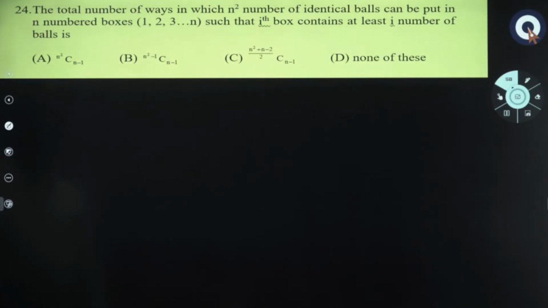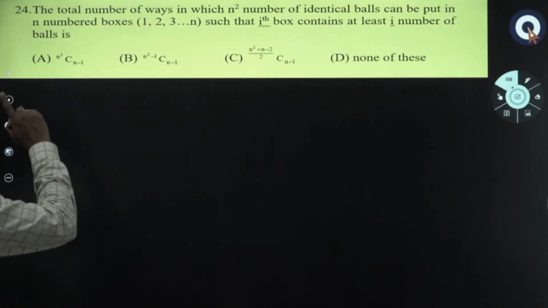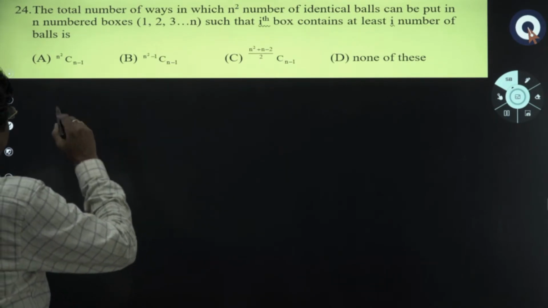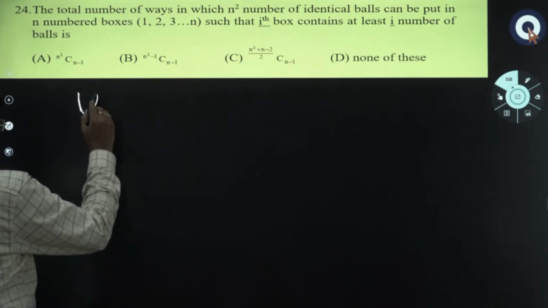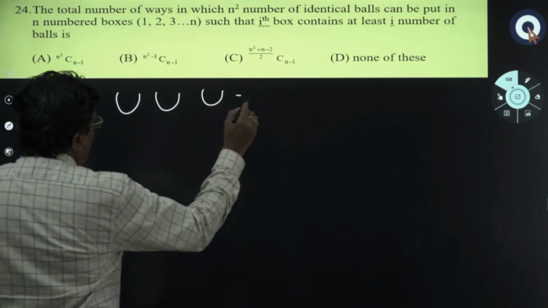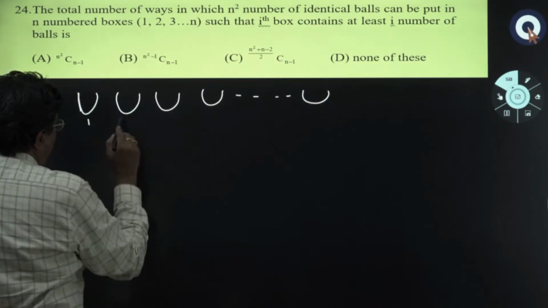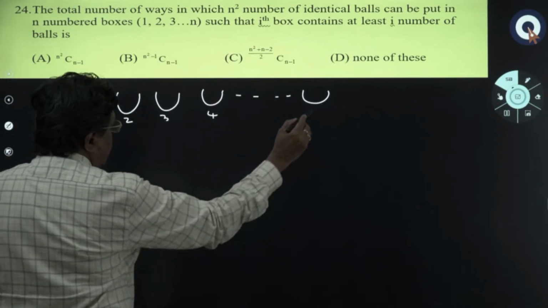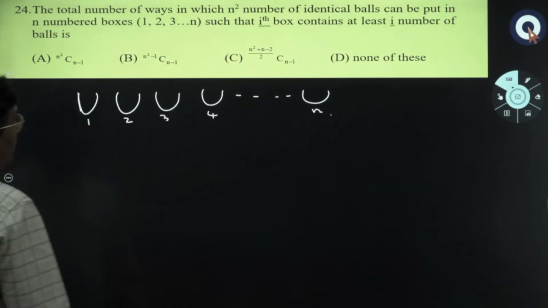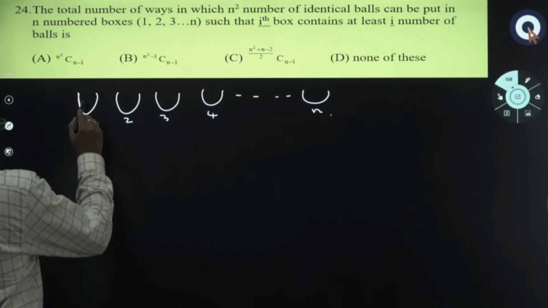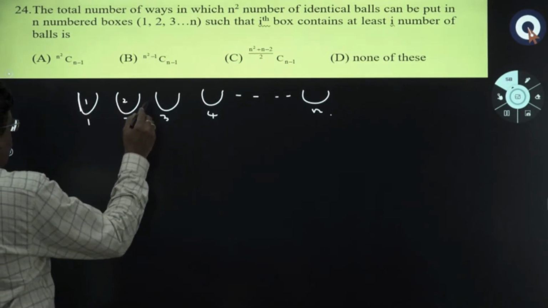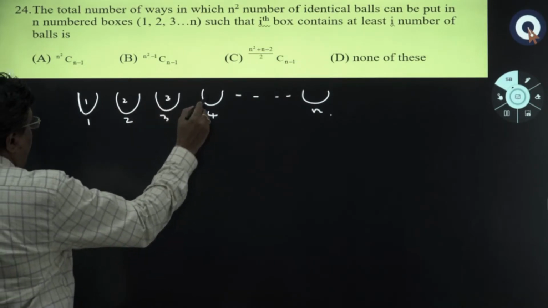So there are n boxes, box 1, 2, 3, 4, etc. up to n. The ith box should contain at least i number of balls. So you put one ball here, 2 balls here, at least minimum 3, 4, etc.